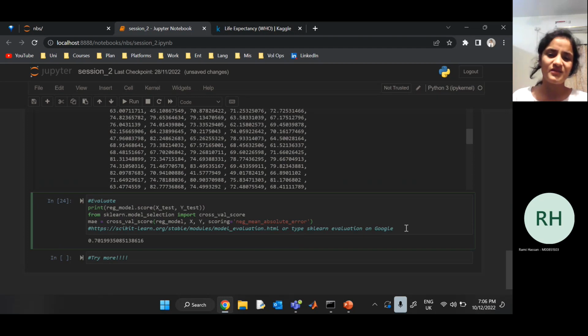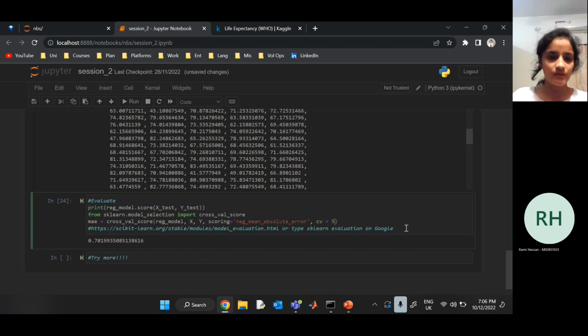If you check the documentation, you can get all the other metrics, like mean square error, root mean square error, all of that. But today I'm just going to see MAE, and it's giving me the negative version. I don't know why, but I'll just do it. Okay, and one more, CV is equal to 5.